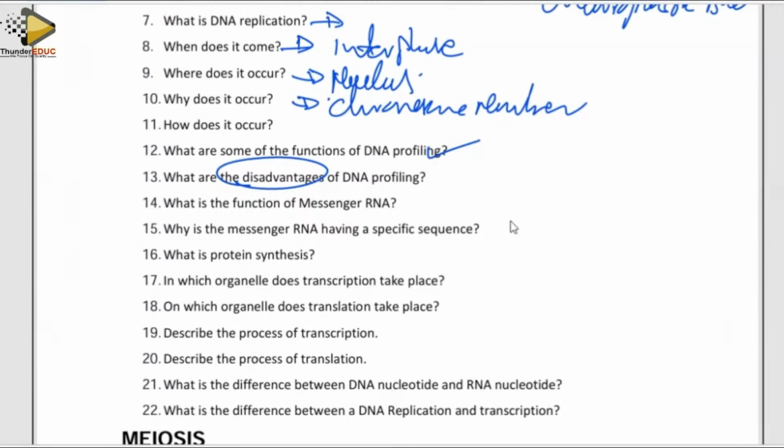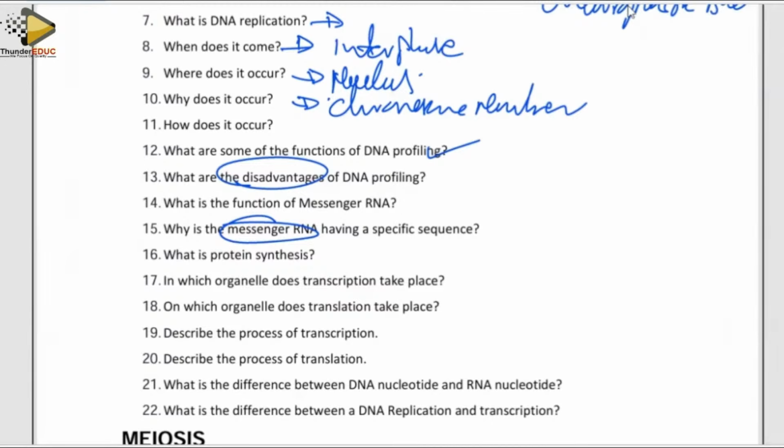This is basically to determine the specific sequence of amino acids, hence a specific protein. So the specific sequence of messenger RNA will determine the specific sequence of transfer RNA with its amino acids, and then it will determine the specific protein.